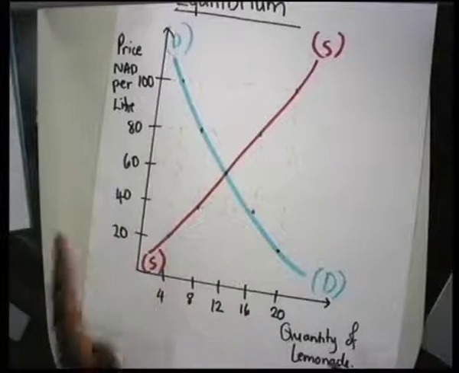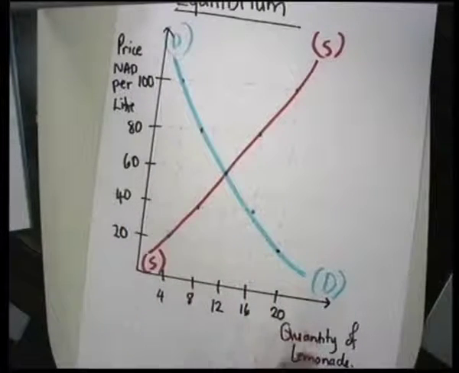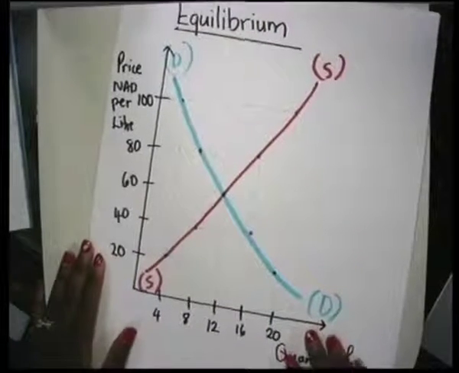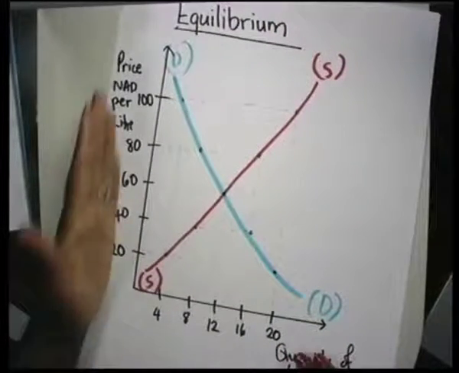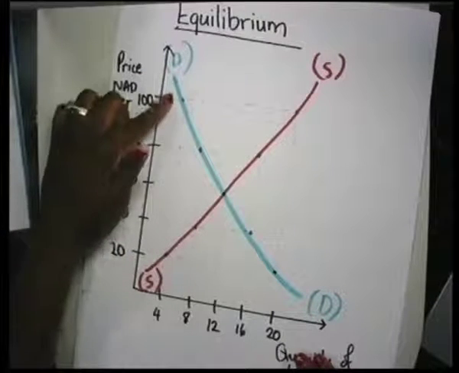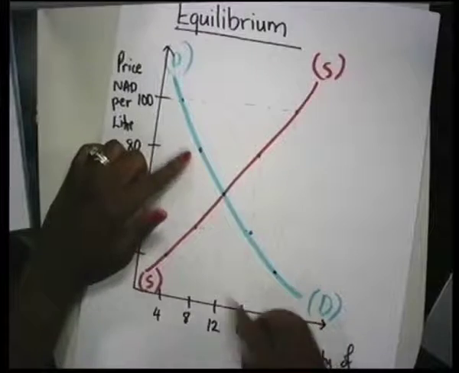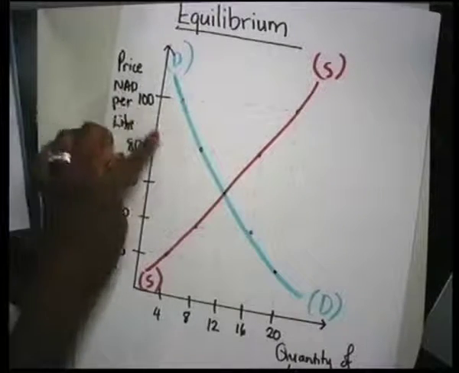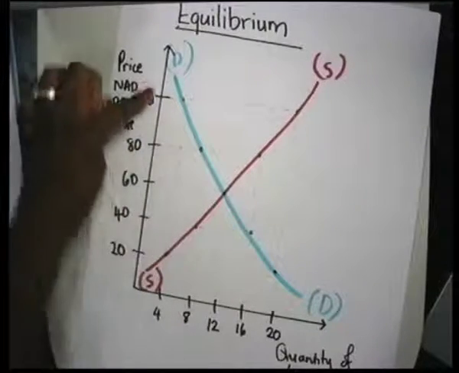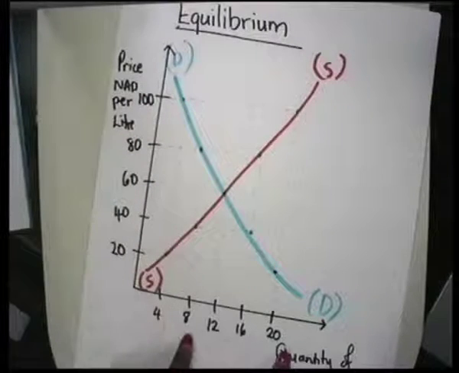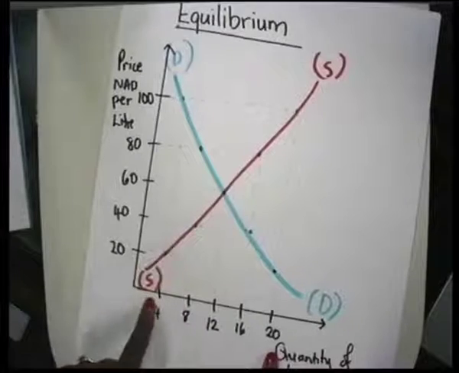Now remember, just to recap a bit, we said that the demand curve has a negative relationship. Negative relationship means that as price decreases, then quantity increases. And you can see that there. So as price decreases from 100 to 80, then quantity increases from 4 to 8.